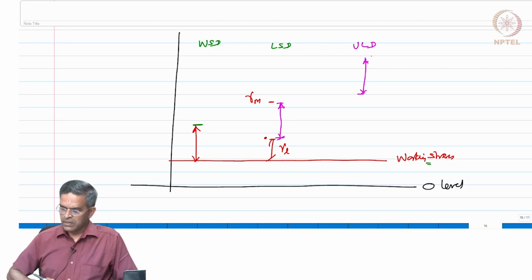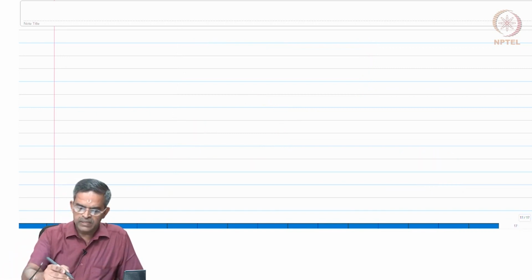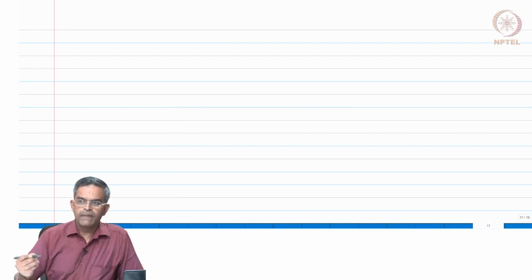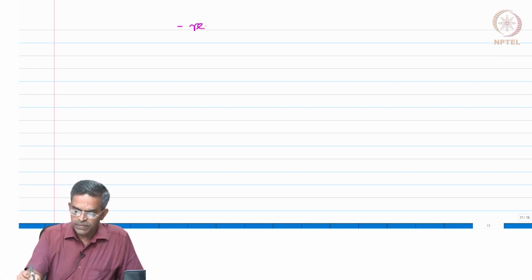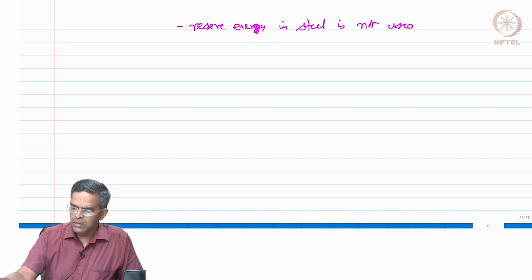However, the reserve energy possessed by steel is relatively higher and that is not used. Is not used, is it not?